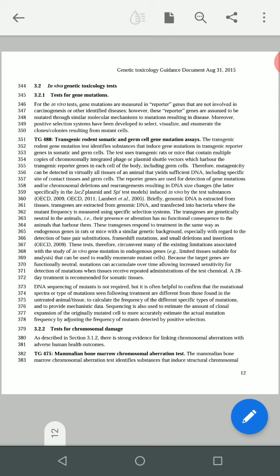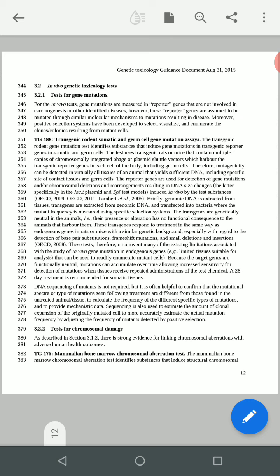So here I have discussed three tests in total. One is the in vitro bacterial reverse mutation test, which is also called the Ames test. The second one is the chromosomal aberration test, which detects changes in the structure of the chromosome or changes in the number of the chromosomes, that is aneuploidy.